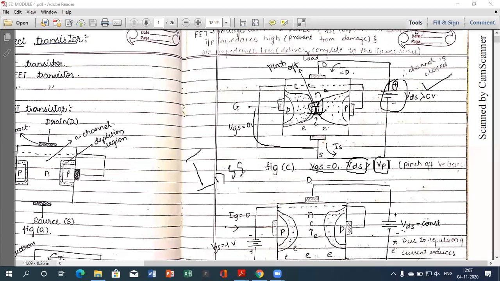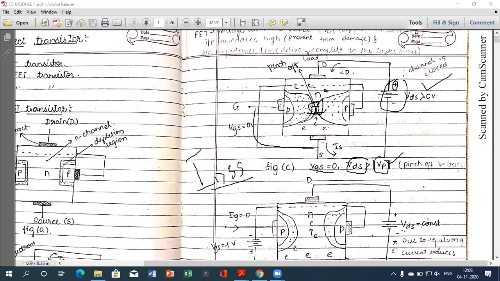So this is the maximum current which flows through the channel, and as soon as this voltage reaches the pinch-off voltage, there will be no path between the top end and bottom end of the channel because it is blocked by the depletion layer between the PN junctions. So once it reaches its maximum value, it will get saturation, meaning no path for the flow of electrons and the current will get saturated.